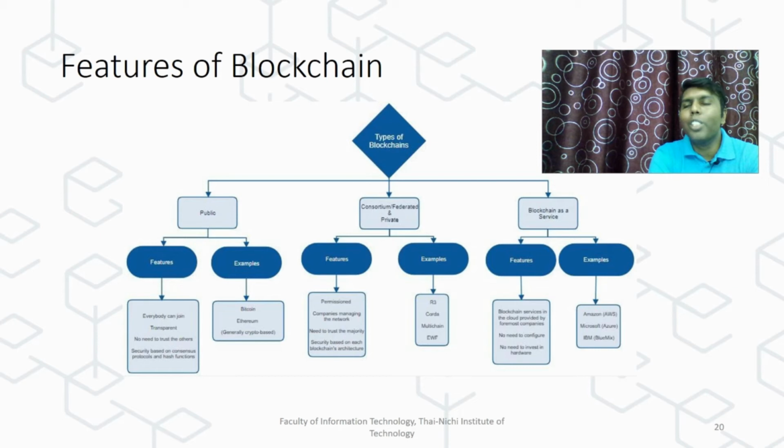Here, the software used to create blockchains is given in the cloud as blockchain as a service, and for a particular fee we are allowed to use these blockchain tools in the cloud and create our own blockchain.